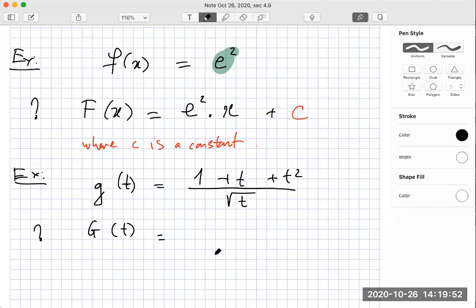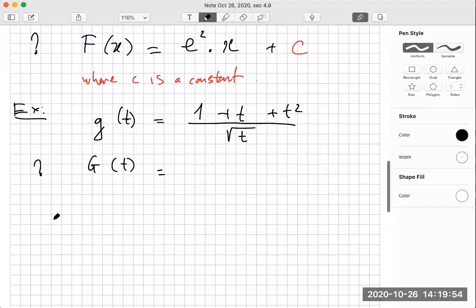Observation: this is a quotient, and it's really hard to find. Let us break it into small pieces, and it will be easier to find the antiderivative.